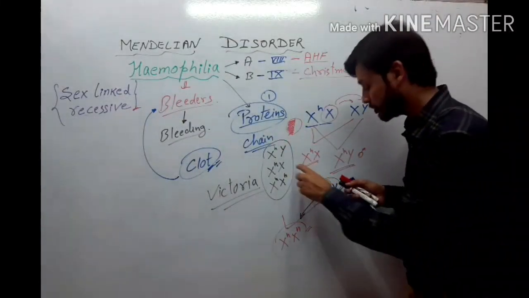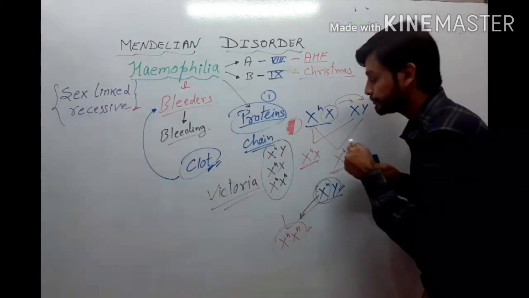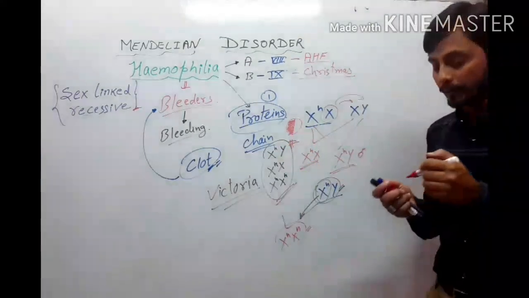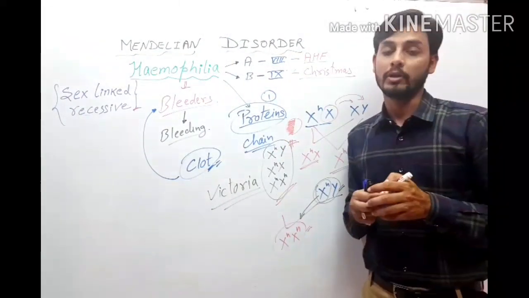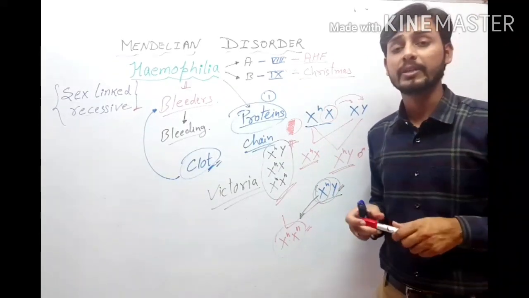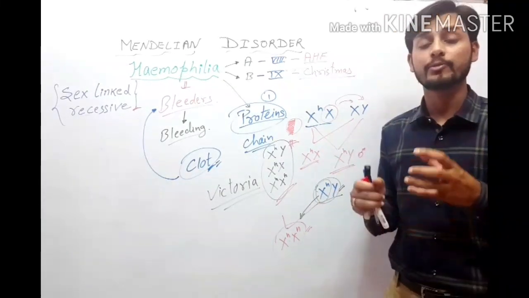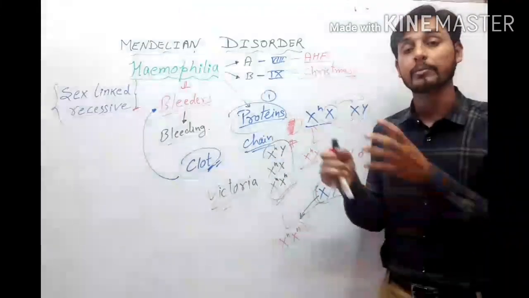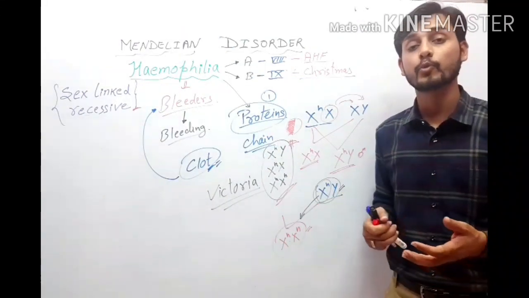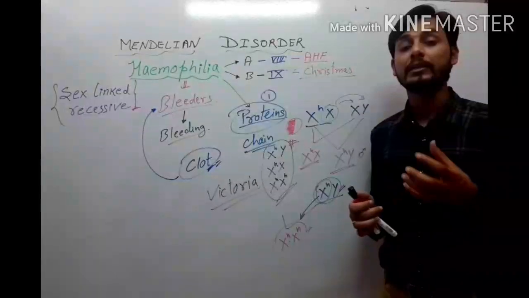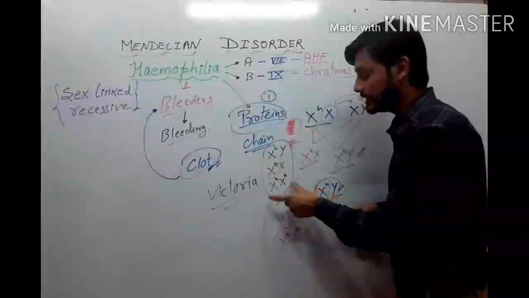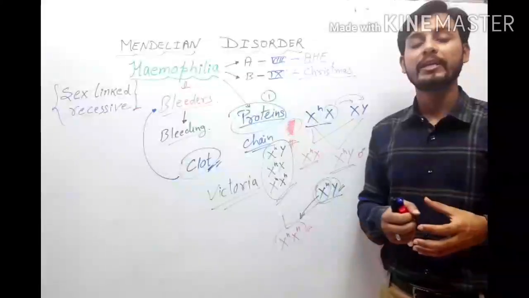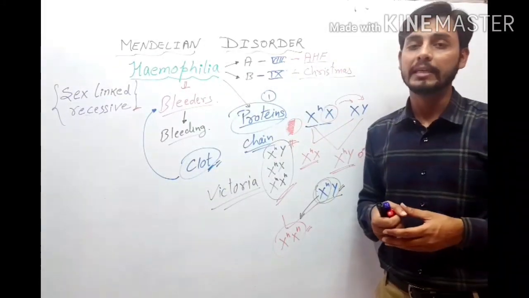Please make sure this is also an important one, because on these genotypes the question has been asked many times. Crossing questions are asked in which you are asked the genotype of the parents or of a child, in AIIMS and NEET. So please remember these genotypes. If you memorize these genotypes, then you will be able to solve these types of questions easily.